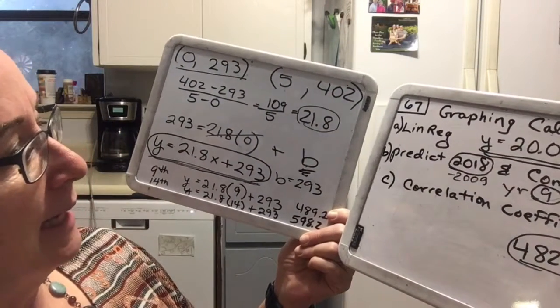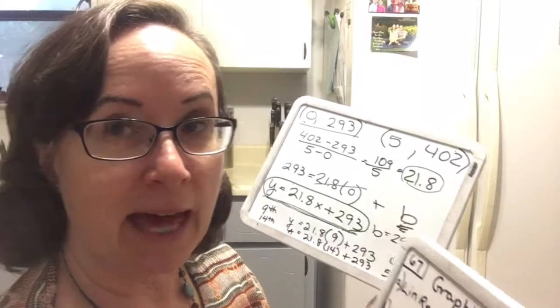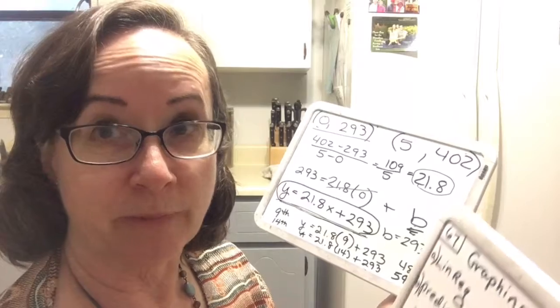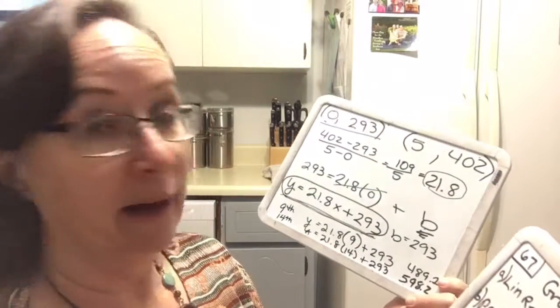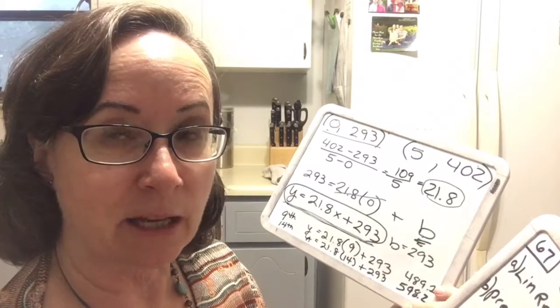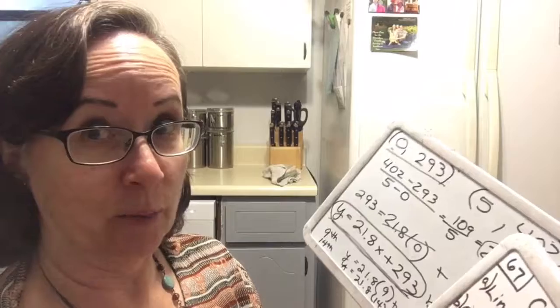But that is not bad, but those first 2 points were the ones that were the most off on the line and the points. So I used that first point as one of my points to find the slope. So because that point was off, I didn't get as good a slope. So always use the Linreg when you can.